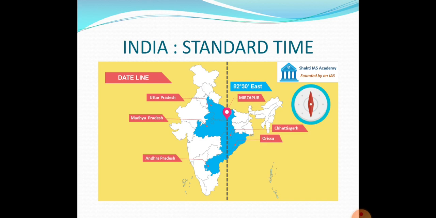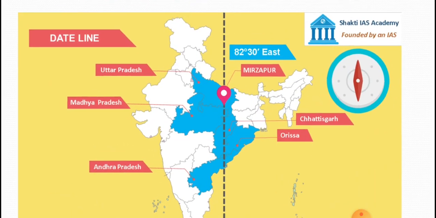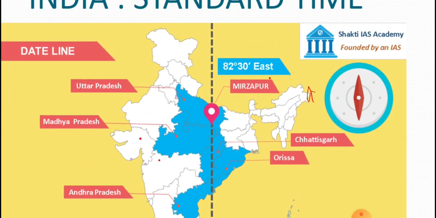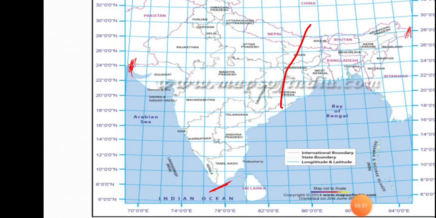Now India's longitudinal and latitudinal span affects India a lot. If we see the longitude, now Arunachal Pradesh, I'll show you the previous slide. Arunachal Pradesh and Gujarat, they have almost 30 degrees distance.